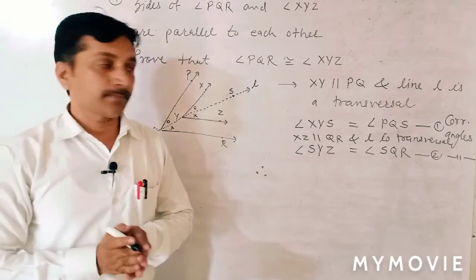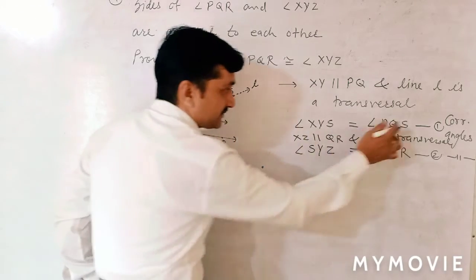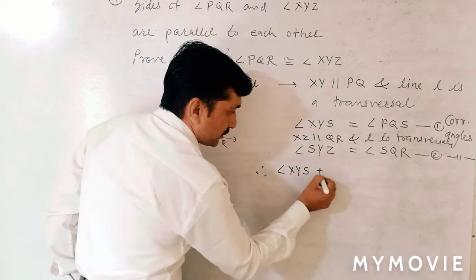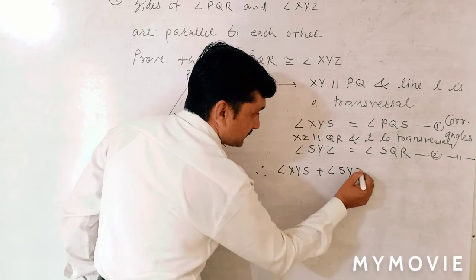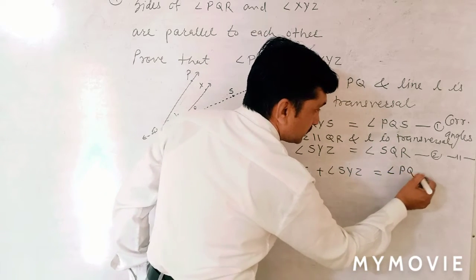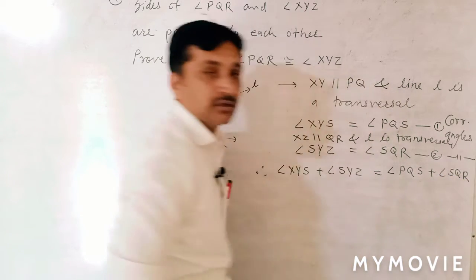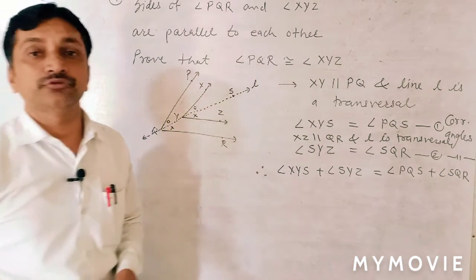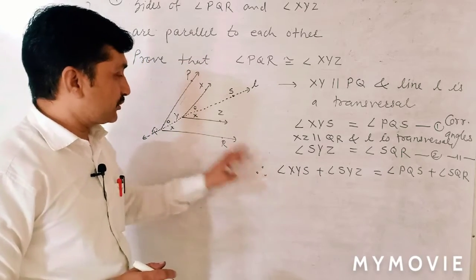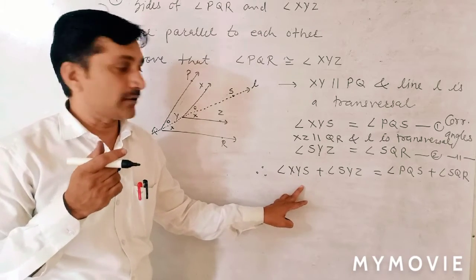Add 1 and 2. Add the left sides and the right sides. Angle XYS plus angle SYZ is equal to angle PQS plus angle SQR. Adding 1 and 2, we added them. Now in the figure you see, by angle addition, which angle do we get?